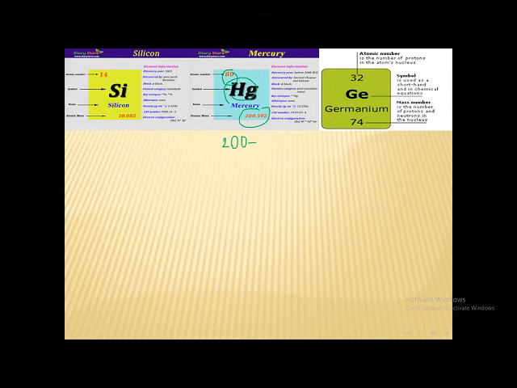If we decrease it by 80, which is the atomic number, we have 120, and that is the number of neutrons we have. So what is the number of electrons, given a 0 charge? Is the number of electrons the same as the number of protons? Yes, because it's neutral.